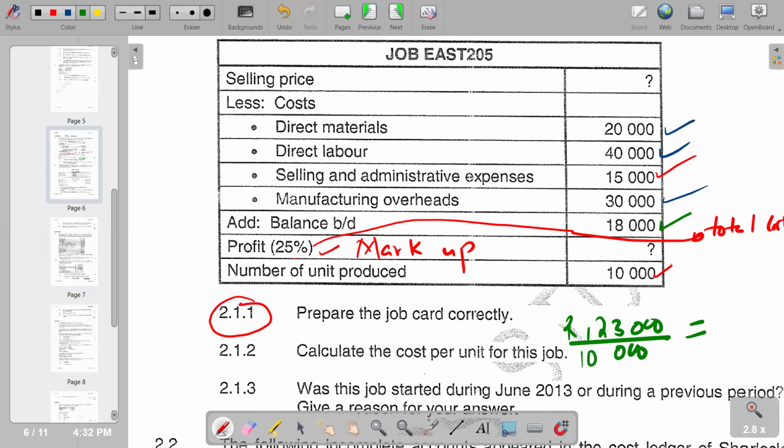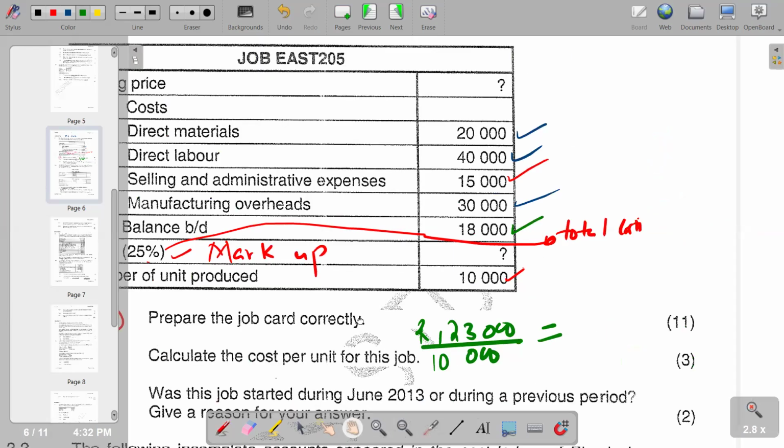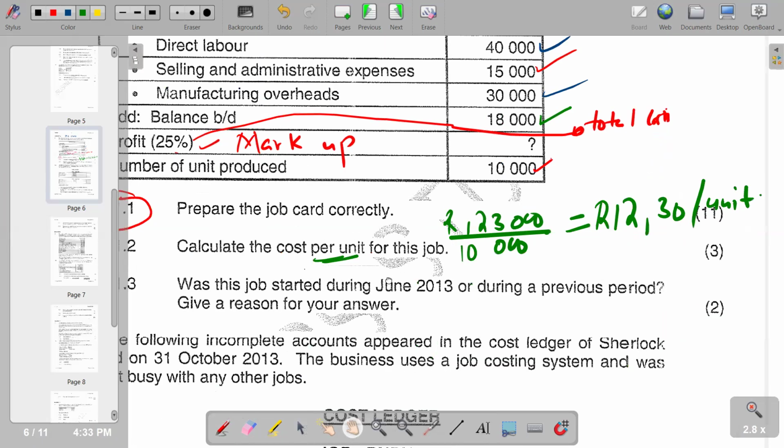Then we are going to get the cost per unit. We try to divide and see what we get. We see that we are going to get just 12 rand 30. So it's going to be 12 rand 30 per unit, since it's asking us to calculate the cost per unit. So this is what we have on the second part, 2.1.2.